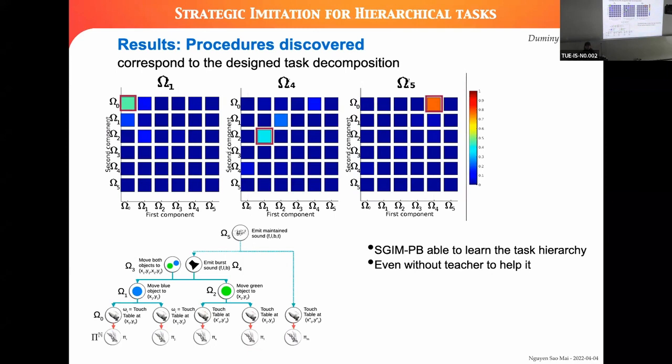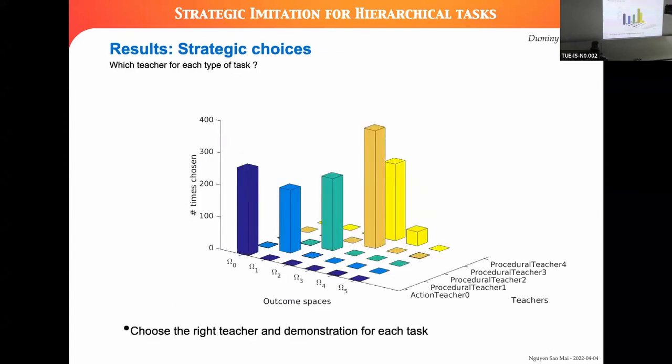If we look in more detail at which strategies it used during its learning phase, we can look at the choices. So these are the histograms of choices of which task it used and which strategy it used to solve each task. So omega-0 is just moving the end effector. It's the most simple task. And it used the action teacher for this task.